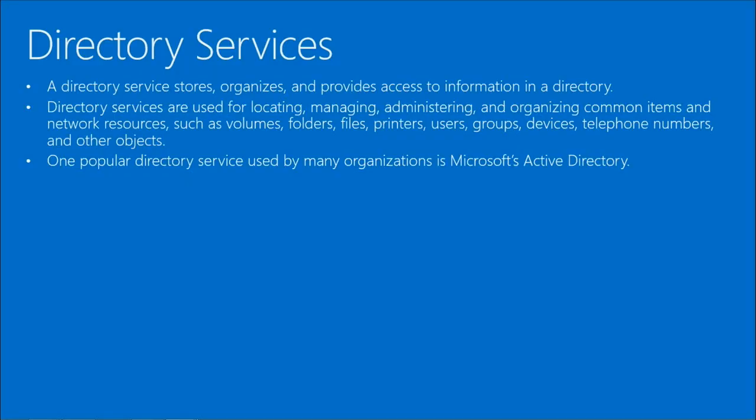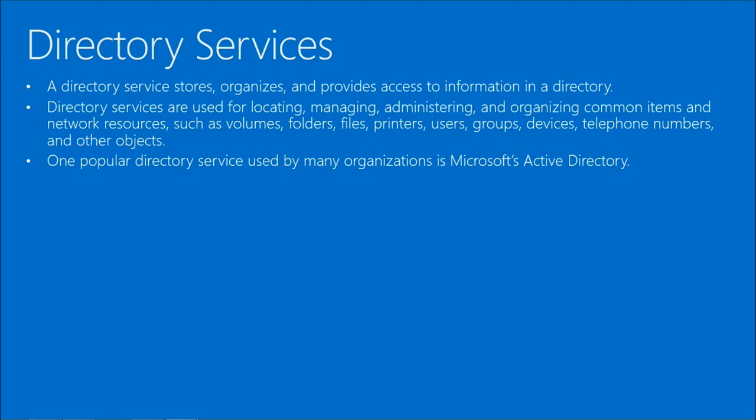Sweet. So we've talked about DNS, we've talked about WINS, we've talked about DHCP. Now let's talk about directory services. Directory services store, organize, and provide access to information about the network, about objects on the network.